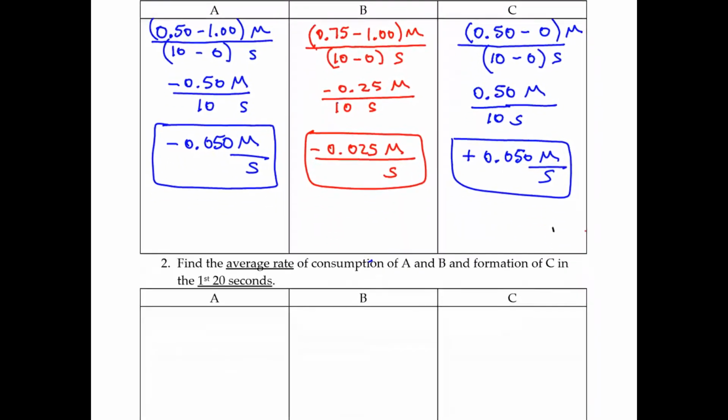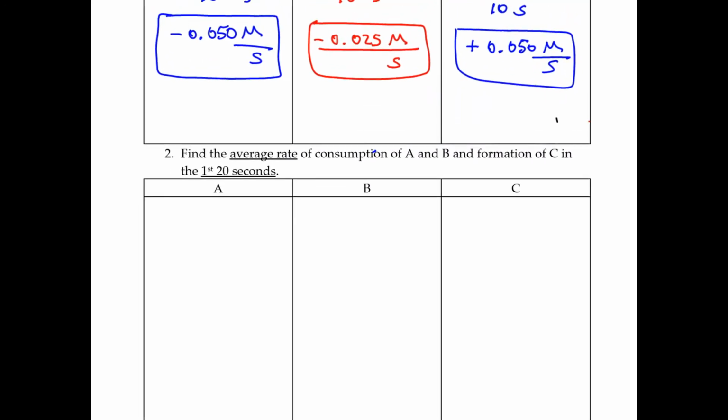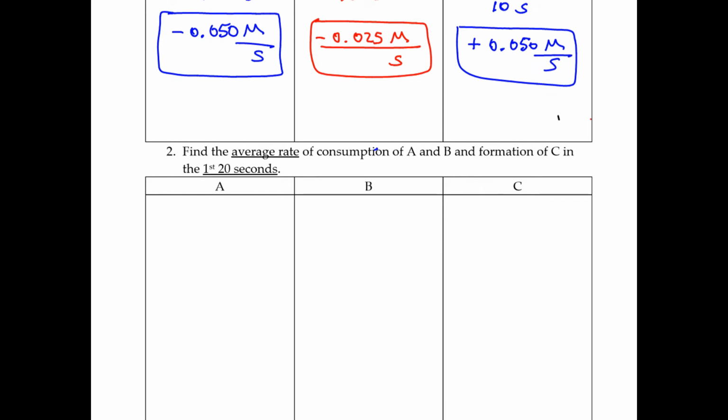All right, let's suppose that you need to do the same thing but for the first 20 seconds. So without doing all of these, we're just going to contrast the A here, and let's write that one out. In the first 20 seconds, the A went from 1 to 0.25. So 0.25 minus 1 molar, and now that's going to be a total of 20 seconds, 20 minus 0 seconds.